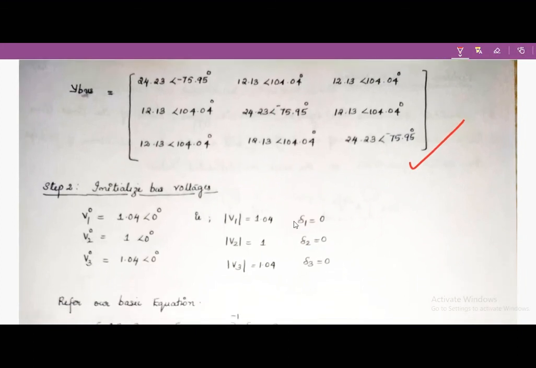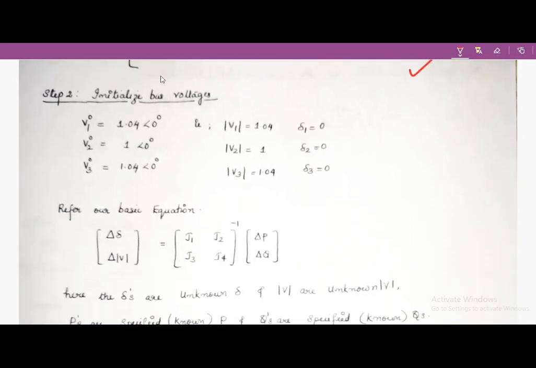Now again, the second step remains the same. The second step is initialization of bus voltage. The rule also holds the same. We will initialize bus voltage by considering the magnitude of the voltage as 1 and the angle of voltage as 0. In the question it is given that for the slack bus the value is 1.04 and the angle is 0. In the second bus we will assume the magnitude as 1 and the angle as 0.